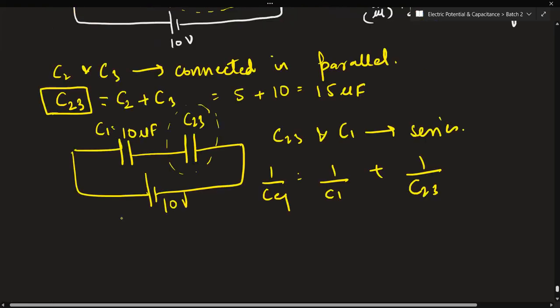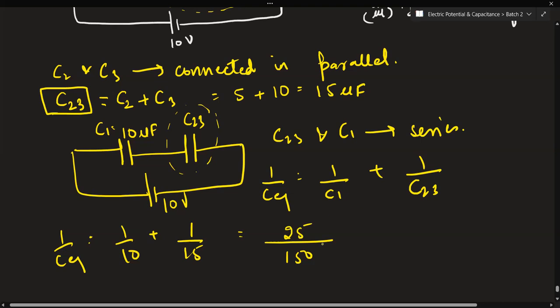So 1 by C equivalent will be 1 by 10 plus 1 by 15. Take the LCM as 150. This will be 10, this will be 25. Here you will have 25, you multiply it with 10, and this will be 25 and you multiply it by 15.